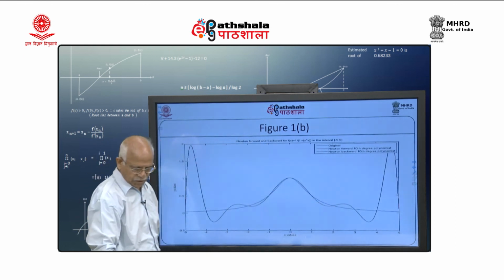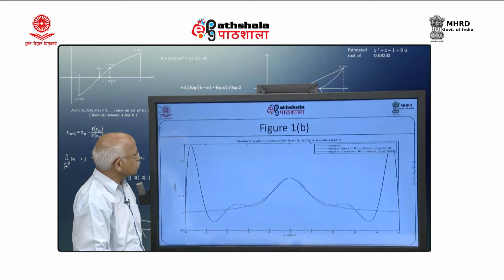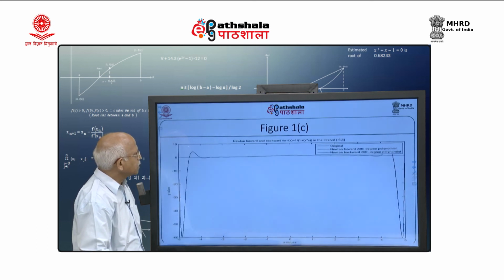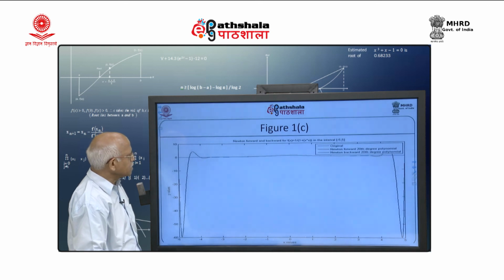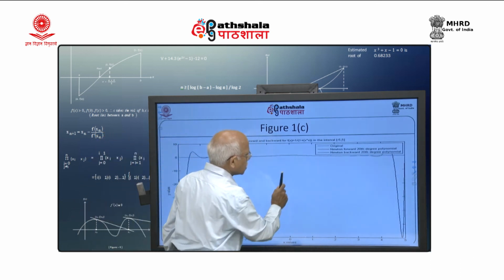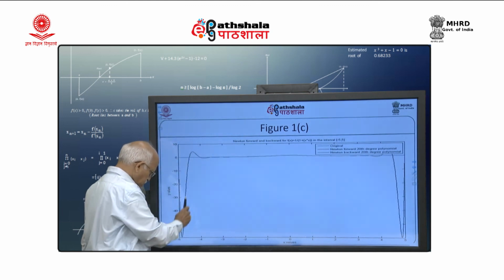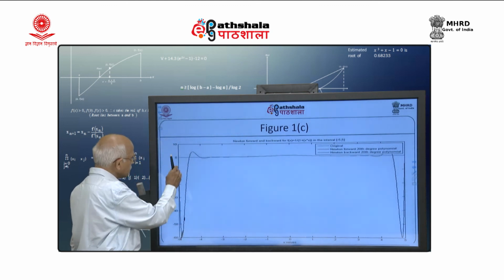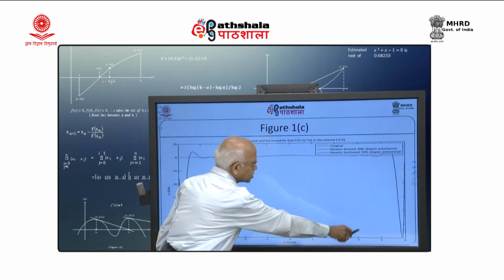And the same thing you can observe with the polynomial of degree 20. In the middle it is very close, and the error at the end becomes very large. We are getting very large error on both the sides.